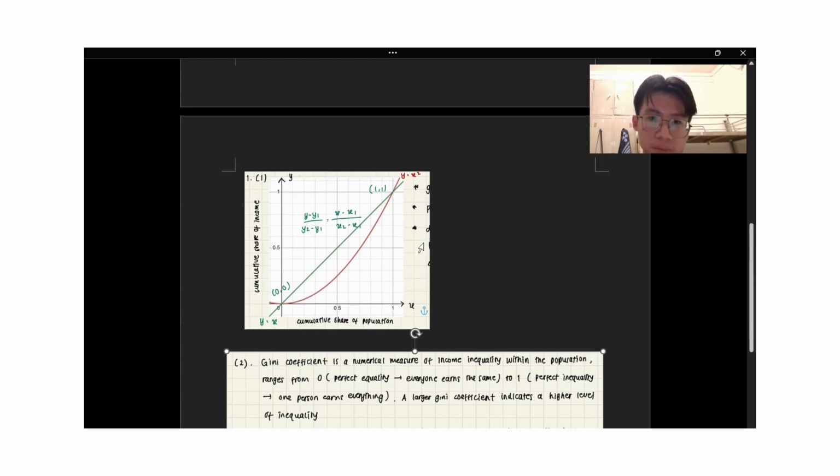We also draw the green line, if you can see it, which is the line of perfect equality. This line means everyone gets the same income. Because y equals x squared is below the green line, it shows that this is inequality.